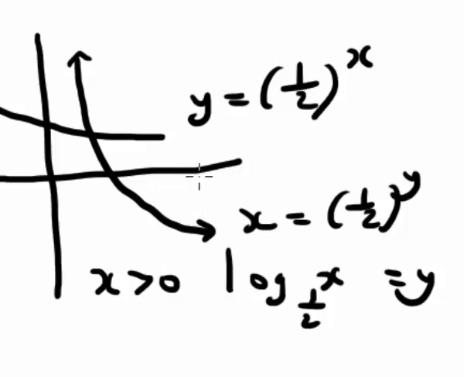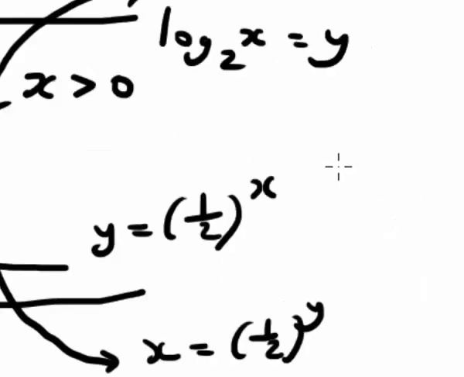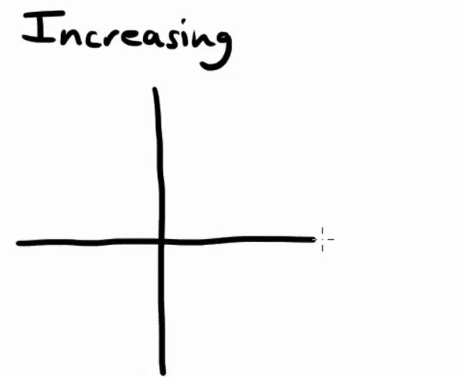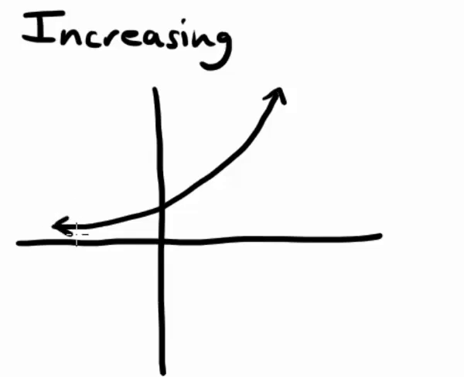Okay, so we need to summarize all these things, because we need some theory before we develop logarithms. Let's revise this quickly. Increasing functions: the exponential, as you move from left to right, increases like that, and this would be the graph of y equals a^x.